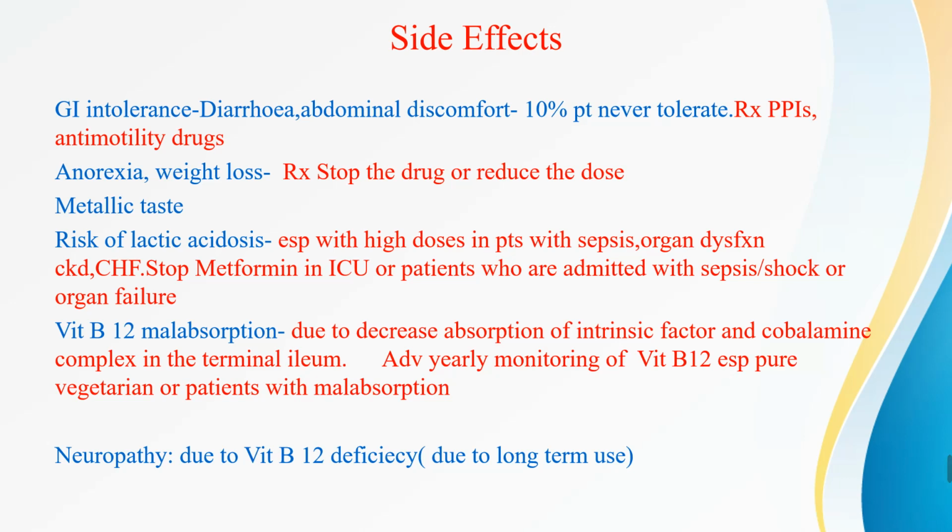Because of vitamin B12 deficiency, patients can have neuropathic symptoms, paresthesia, numbness, neuropathic pain, and these features may be due to vitamin B12 deficiency in patients on long-term use of metformin. So such patients should be given vitamin B12 supplements.